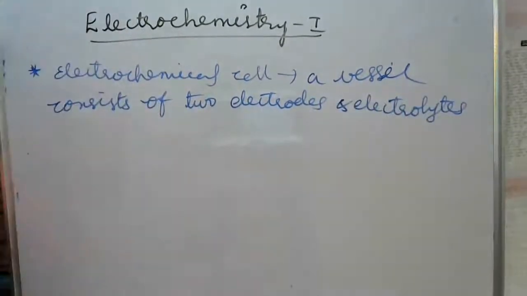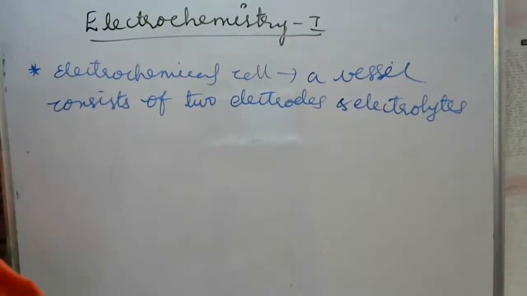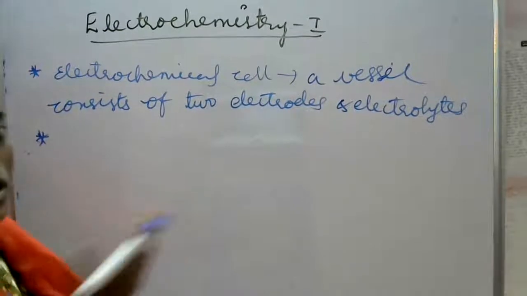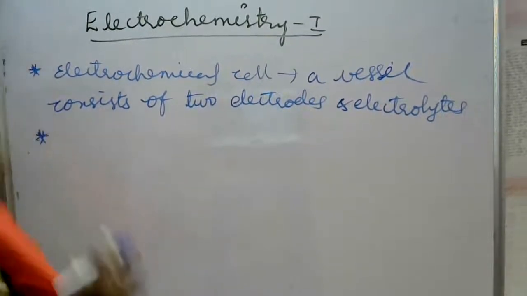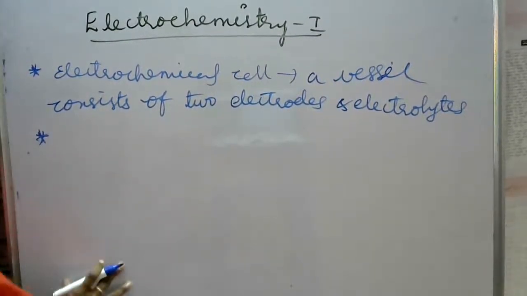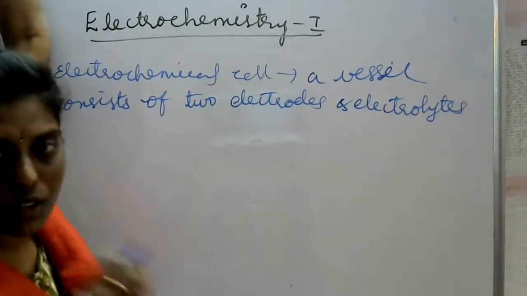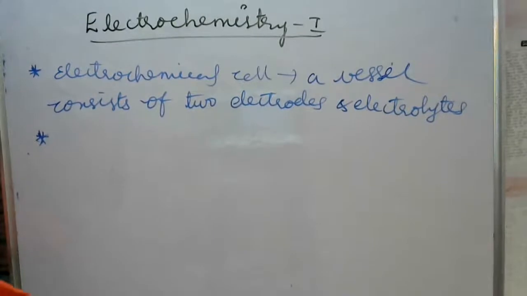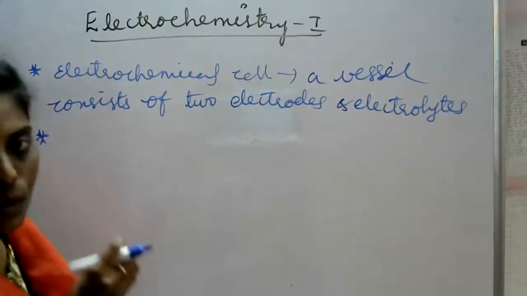What is an electrode and what is an electrolyte? An electrolyte is a substance which conducts electricity in aqueous solution or in molten state.